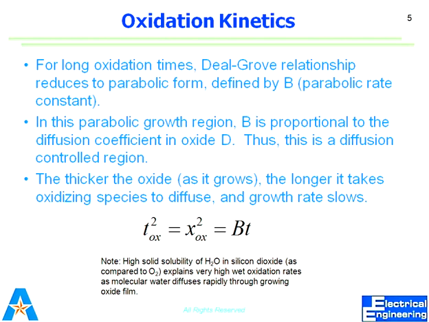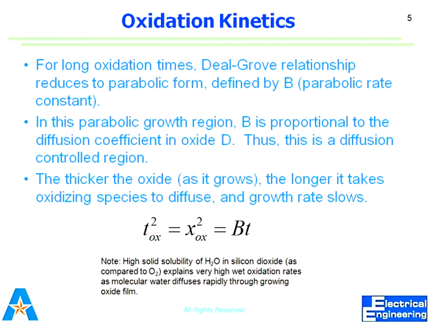Okay, I would like to mention one thing, that B over A is the linear rate constant. Because in exams you have B and A. In a table you are always given B and A and you are asked to find out the thickness. We know B is the parabolic rate constant.